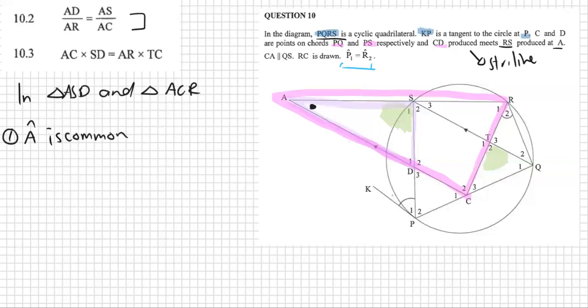Then we can see from our angle S1 here, the next angle we want to go for is equal to T2, which isn't very helpful.